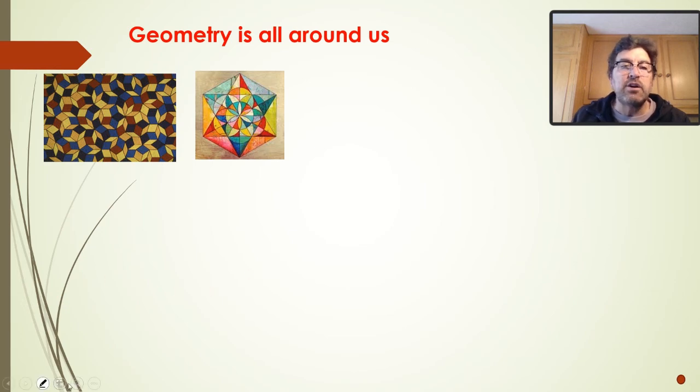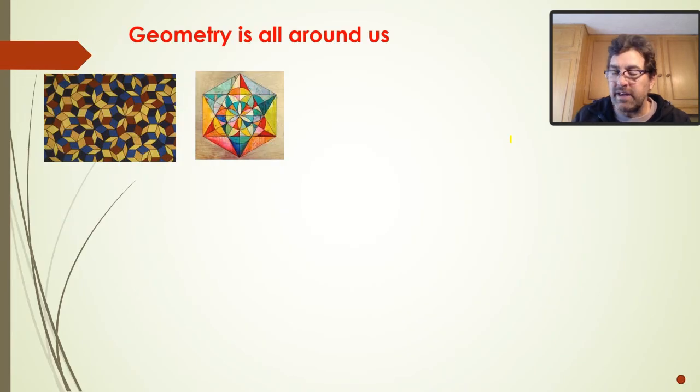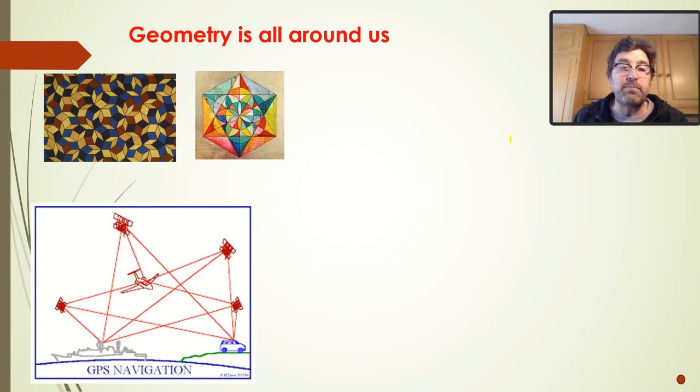Another place where you will find geometry around us, let me go back there, is in GPS navigation. GPS navigation works on geometry. It's the globe that has been divided into geometric points and locations in 3D that helps us to navigate our way around the globe.